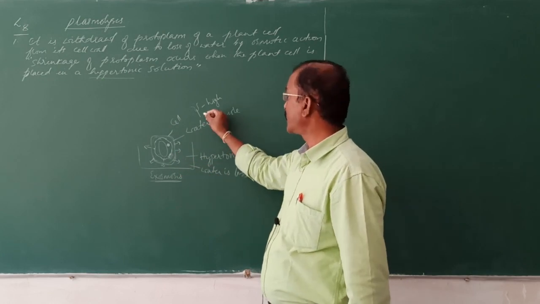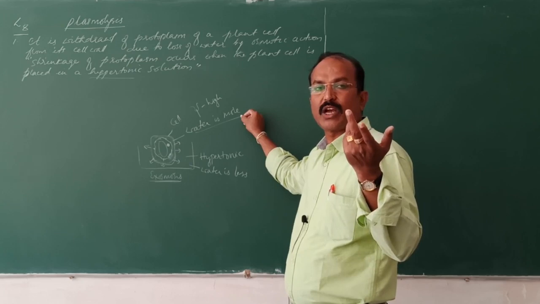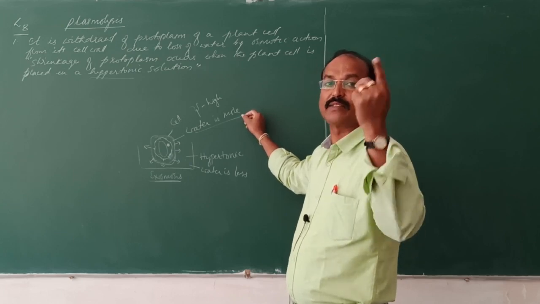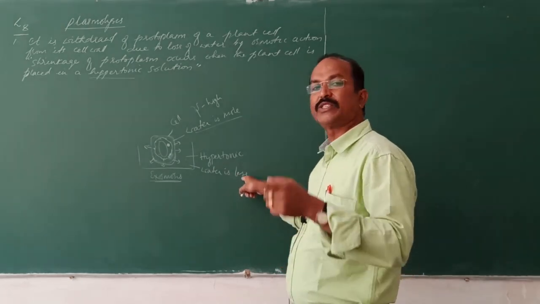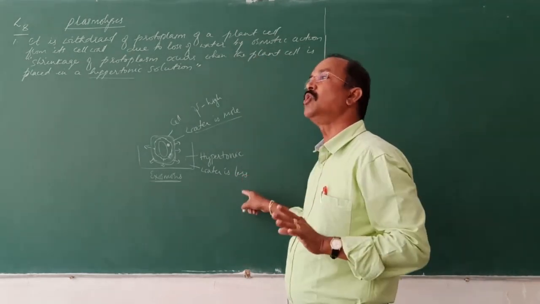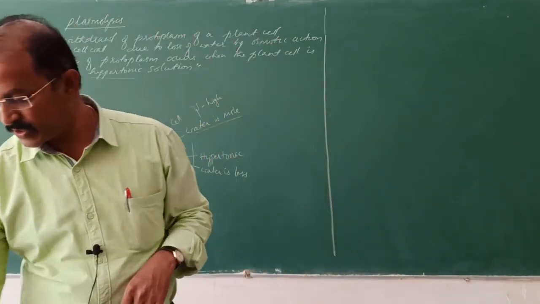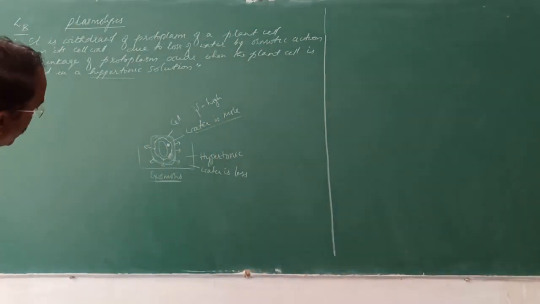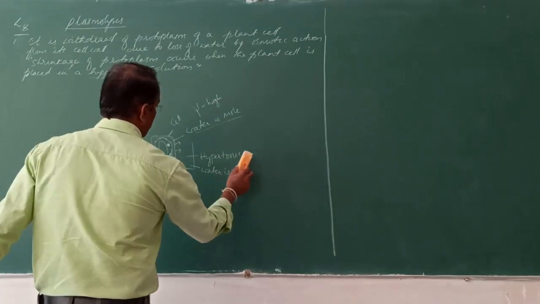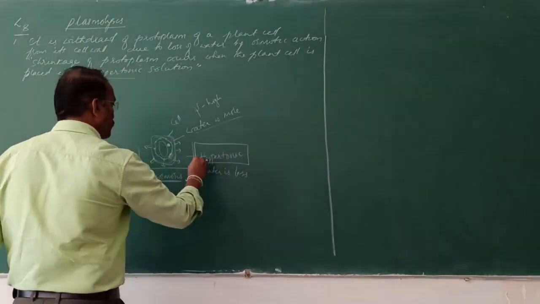Understand? Here water is more, isn't it? The potential energy of water, that is water potential, is high. Here the water potential is less. So water starts moving from higher potential to lower potential. Got it? The plasmolysis occurs when the cells are placed in hypertonic solution.